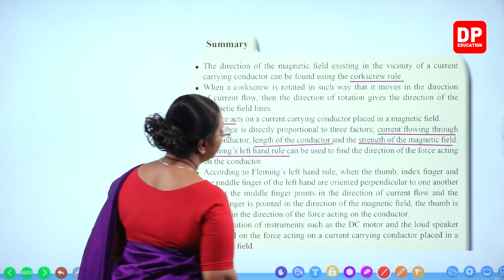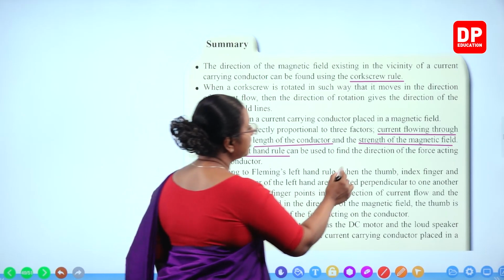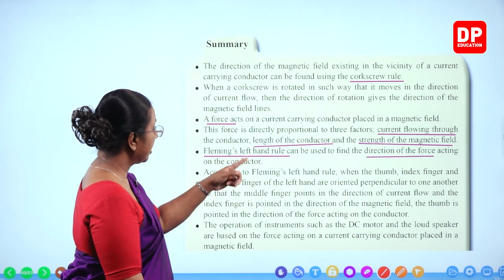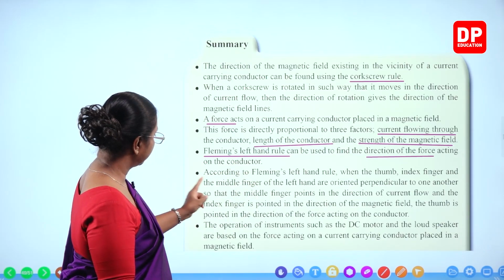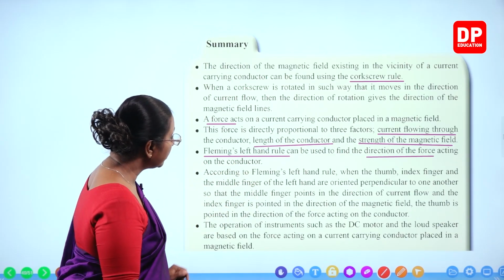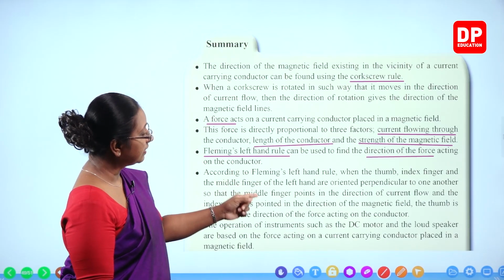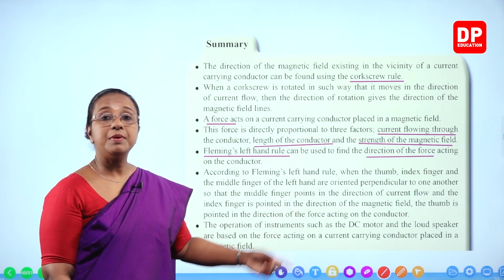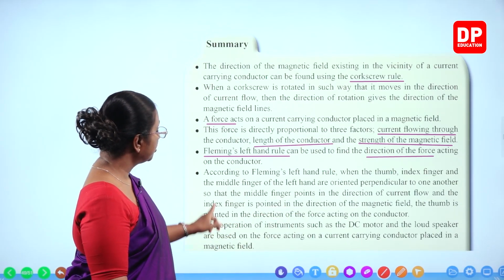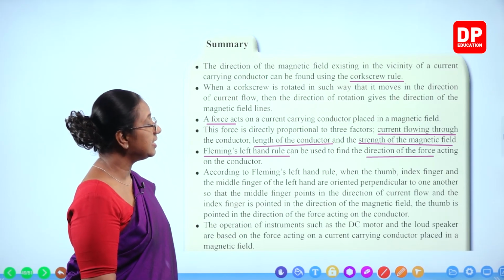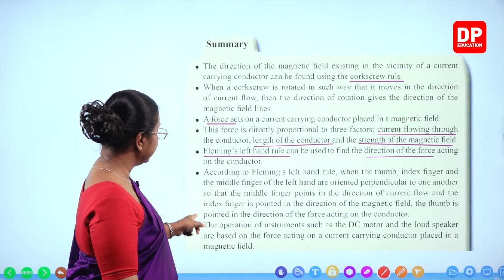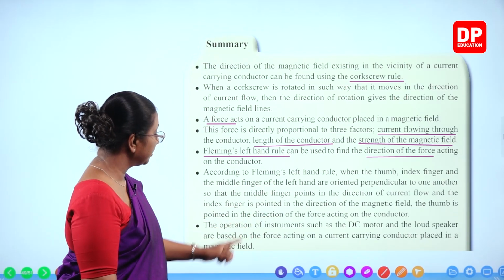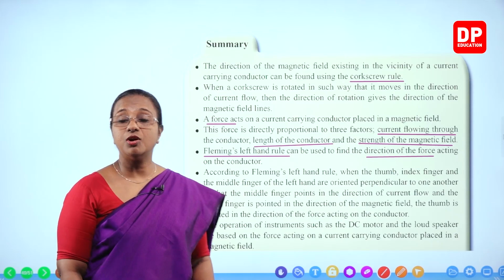Fleming's left-hand rule can be used to find the direction of the force acting on the conductor. Then according to Fleming's left-hand rule, when the thumb, index finger and the middle finger of the left hand are oriented perpendicular to one another so that the middle finger points in the direction of current flow and the index finger is pointed in the direction of the magnetic field, the thumb is pointed in the direction of the force acting on the conductor.